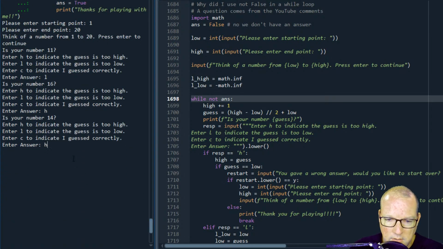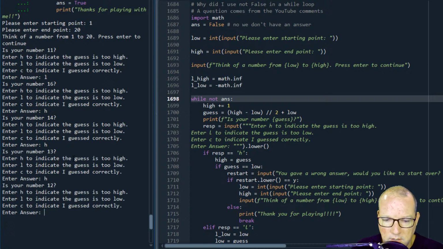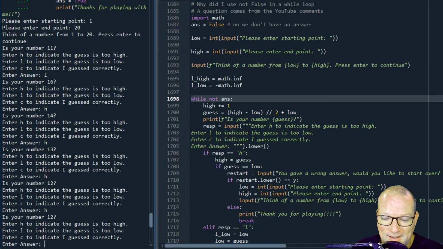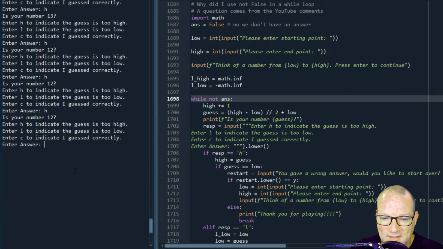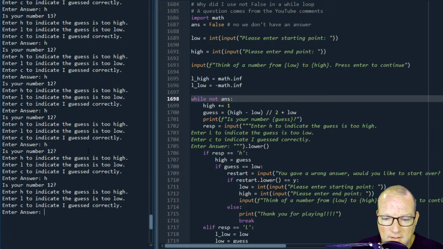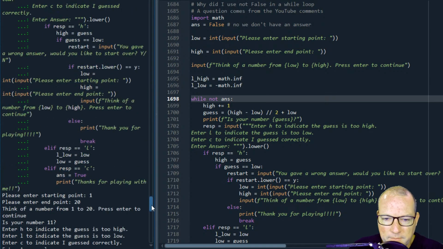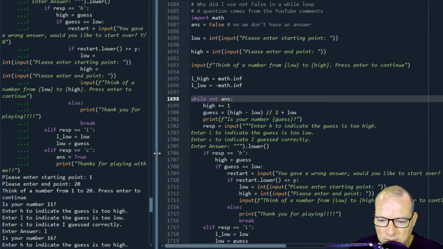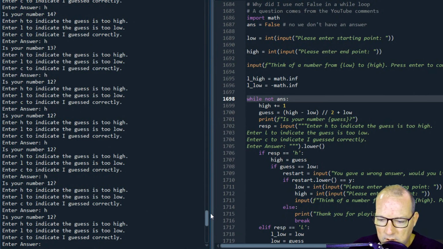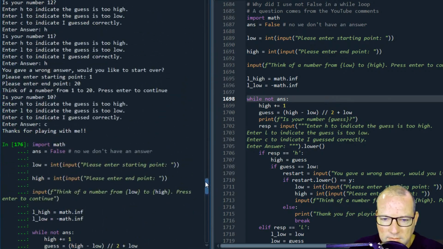So too high. Too high. Too high. Too high. All right, so we have a problem. It caught it last time, but it did not catch it this time. Let's see if we can problem solve and see why this isn't hitting our loop.